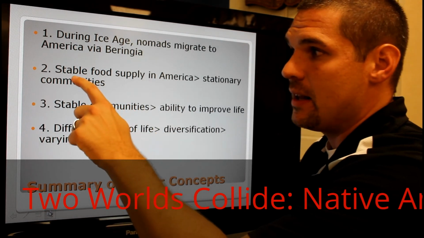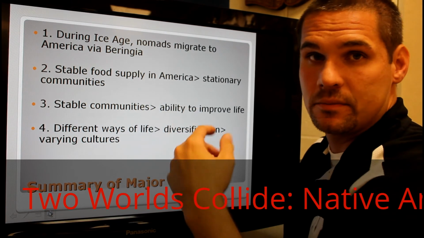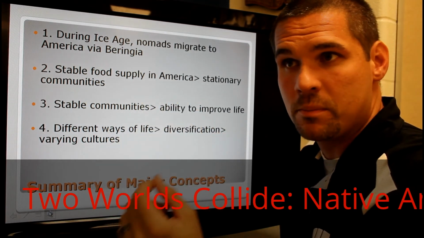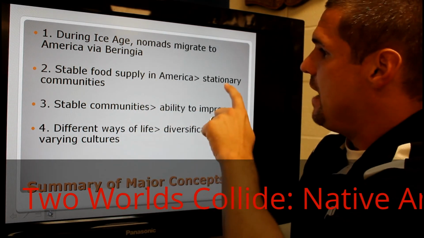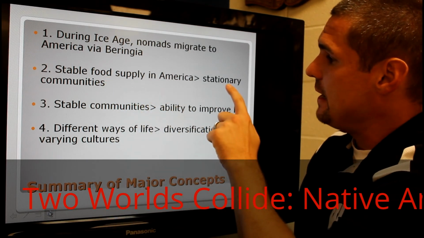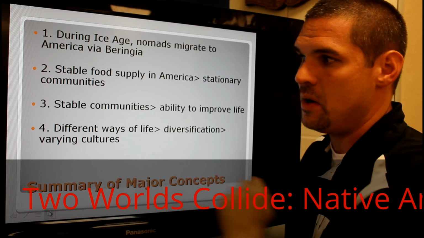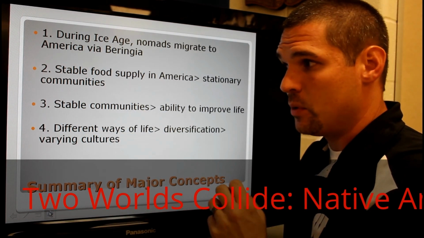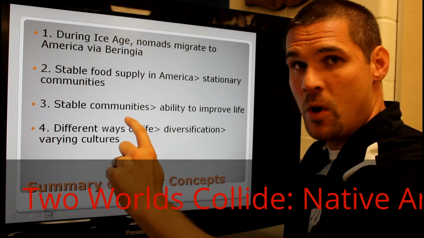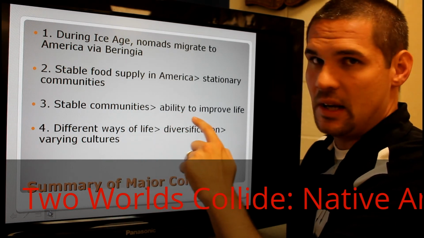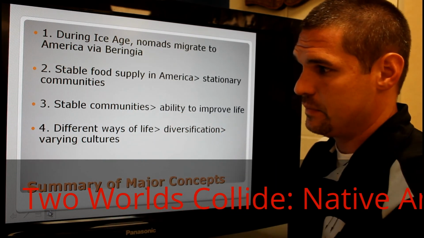When they get to America, they find a stable food supply that we had discussed before, buffalo, mammoths. And because they have a stable food supply, they can stay put or become stationary and start building their communities. With stable communities that stay put, you're going to have the ability to improve life.